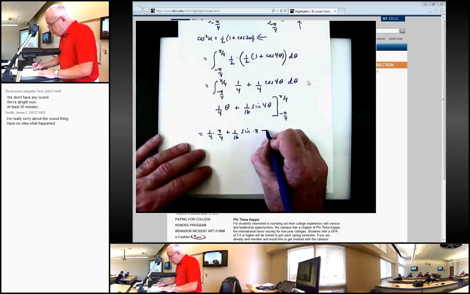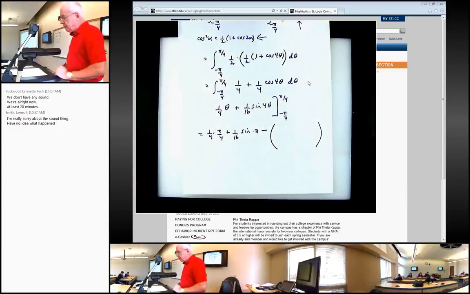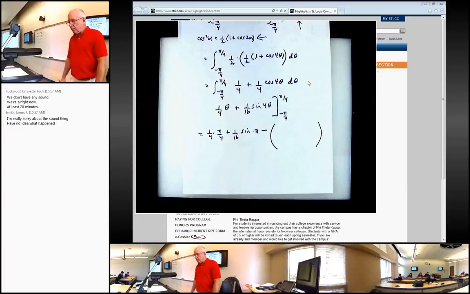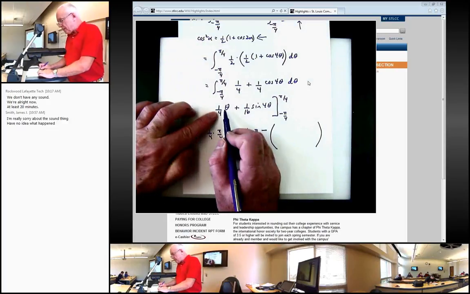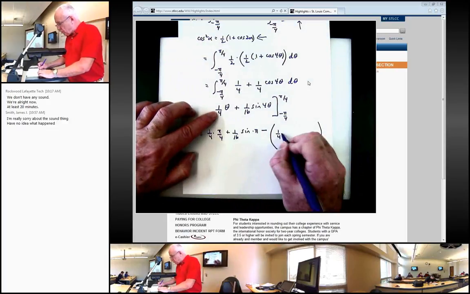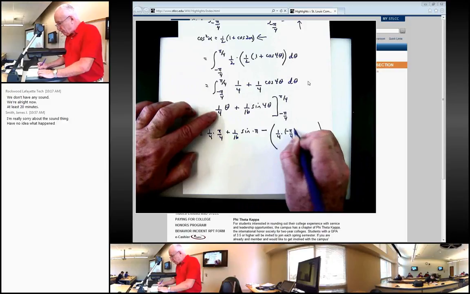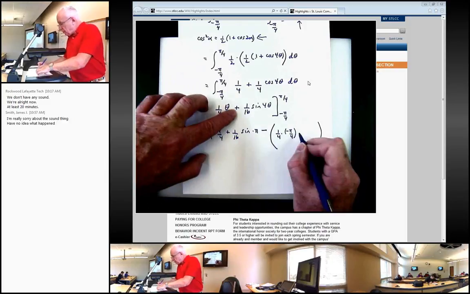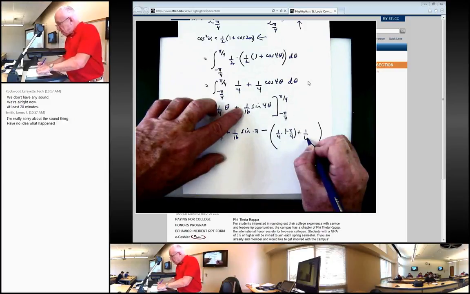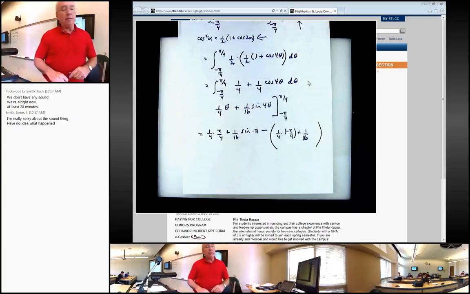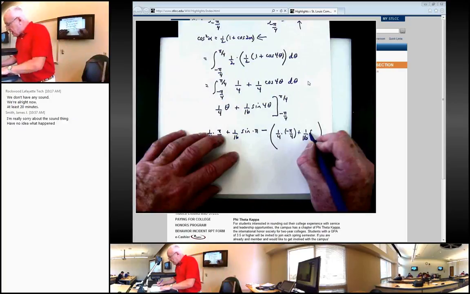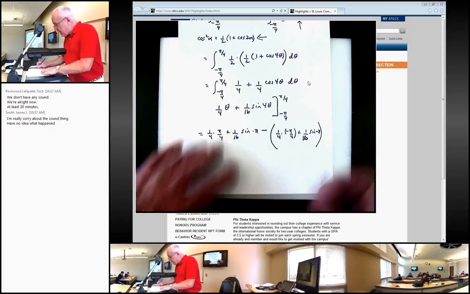And then we subtract, and we fill in our negative pi over 4. So this is going to be 1/4 times minus pi over 4 plus 1/16 times the sine of 4 times negative pi over 4. So that's the sine of negative pi.